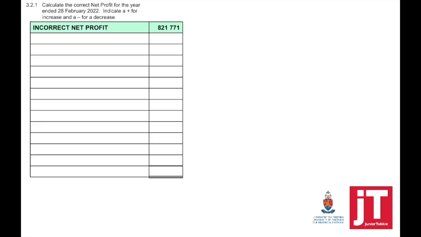Question 3.2.1, calculate the correct net profit for the year ended 28 February 2022. Indicate a plus for increase and a minus for decrease. Now they provided to you on the answer booklet the incorrect net profit which was calculated.